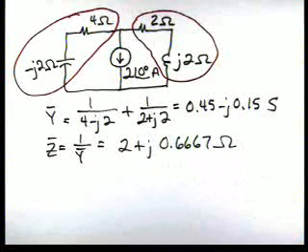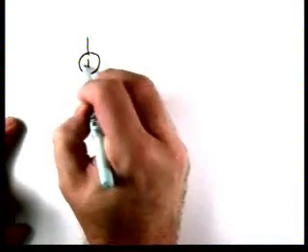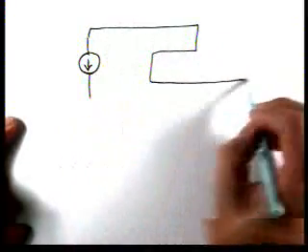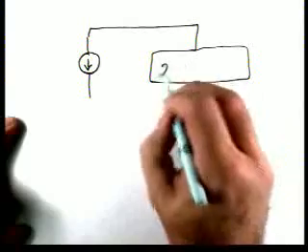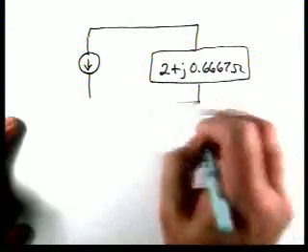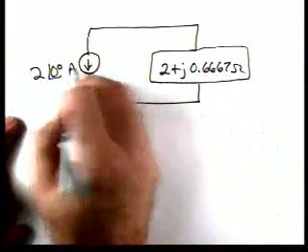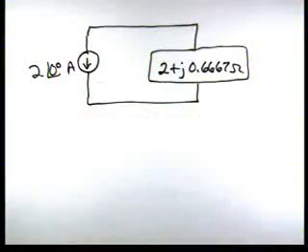Okay, so now our circuit has been reduced to the following. And now I'm going to calculate the voltage Vs here.